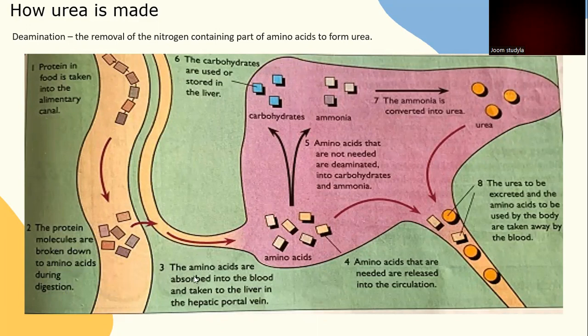Third, the amino acids are absorbed into the blood and taken to the liver in the hepatic portal vein. Number 4, amino acids that are needed are released into the circulation. Number 5, amino acids that are not needed are deaminated into carbohydrates and ammonia.